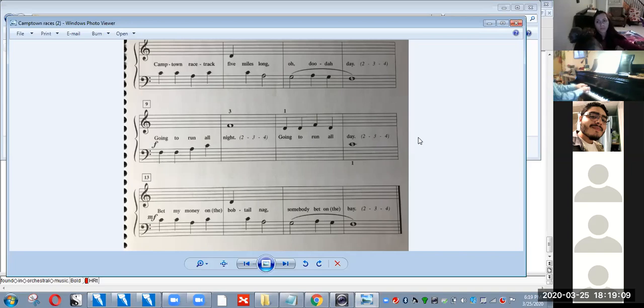Yeah, same C. But "going to run all day", that note is on the left hand, right? Or is it the right hand? Right hand. Take a look at my hands. That's C C F D C instead of D D F D C. E D F.